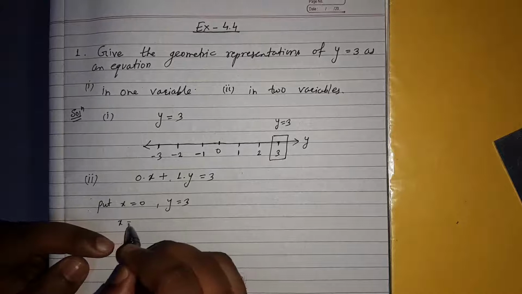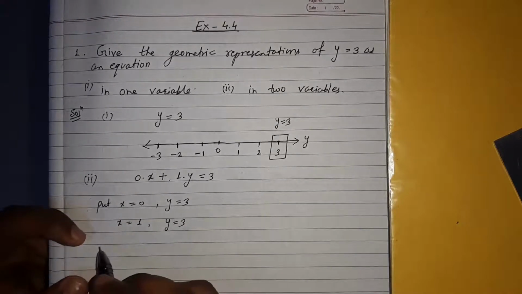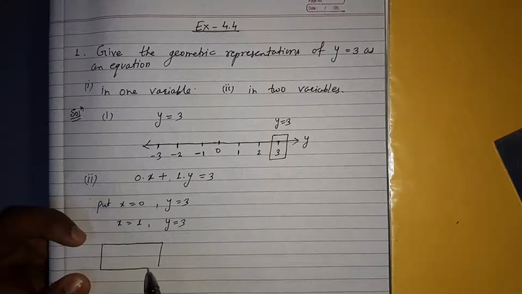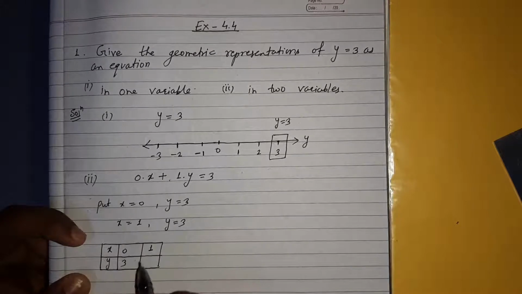Put x is equal to 1, the value of y is again 3. So we have calculated two solutions of this equation. The first solution is x is equal to 0, y is equal to 3. The second one is x is equal to 1 and the value of y is 3.